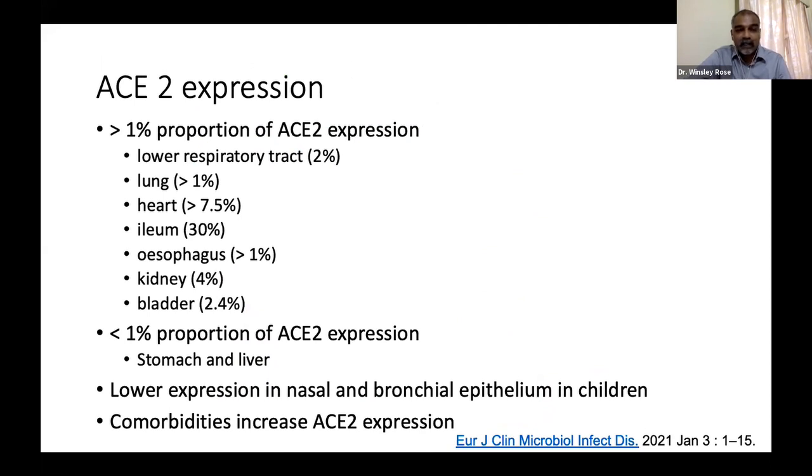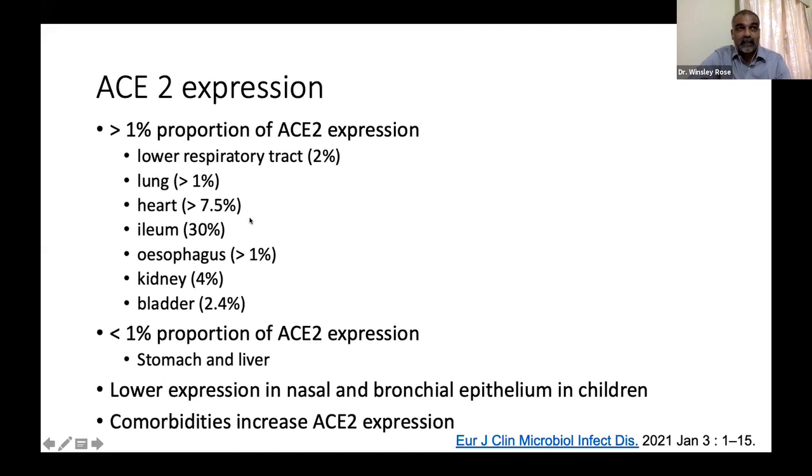So what are the areas where ACE2 expression is high? More than 1% is in the lower respiratory tract, the lung, the heart, ileum, esophagus, kidney, and bladder, and very little expression happens in the stomach and the liver. That also goes to show why the liver is not very much affected with SARS-CoV-2.